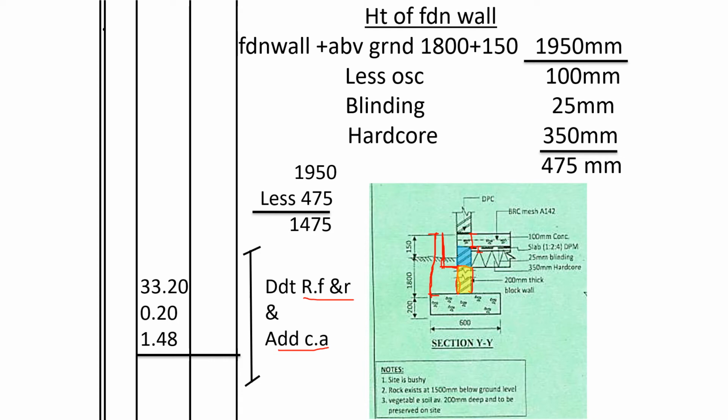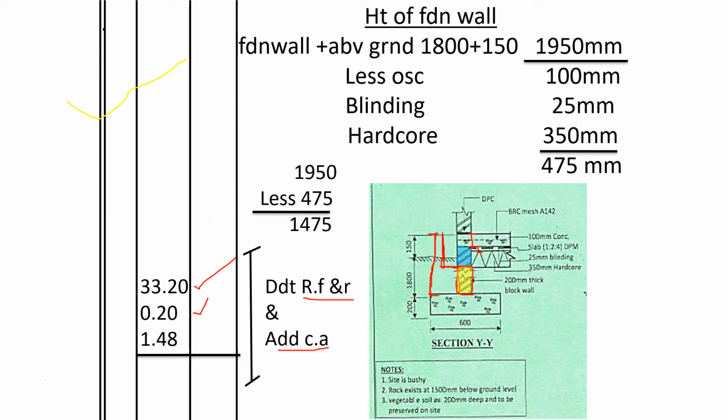The center line, let me pick a red pen, will remain to be 3.20. The width of the stone wall is 0.20, 200 millimeters thick. The depth from here up to here, we take the total of the depth, which is 1950.